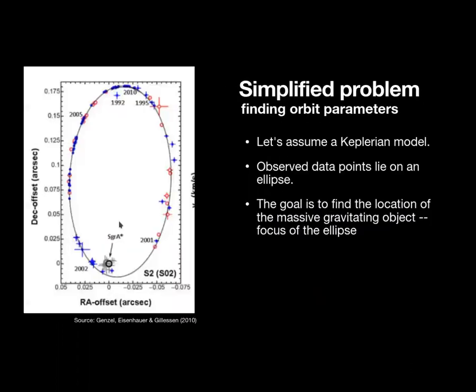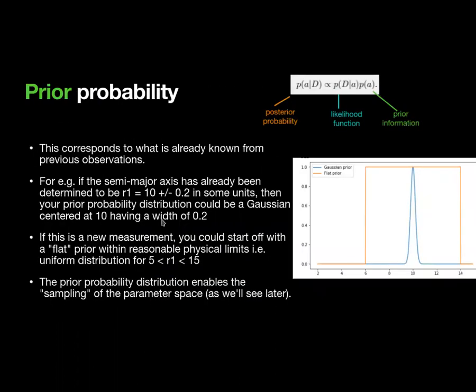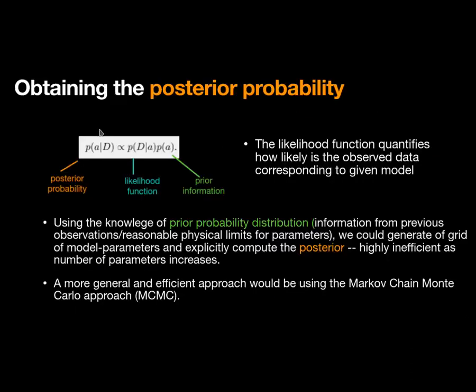Here we can just consider R to vary from 0.05 to 0.75, the entire range, take all possible combinations and then explicitly compute the posterior probability distribution. But this becomes very inefficient as the number of parameters increases.